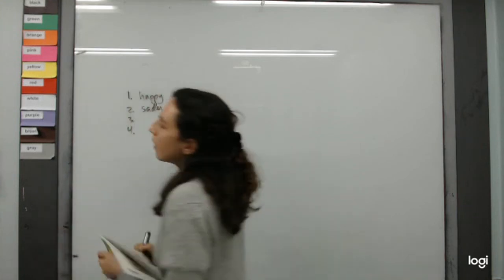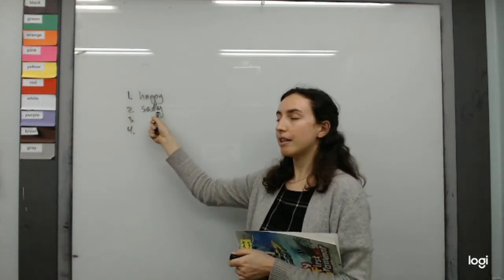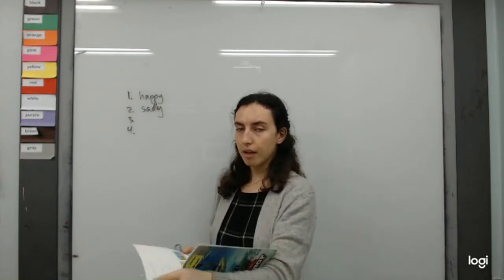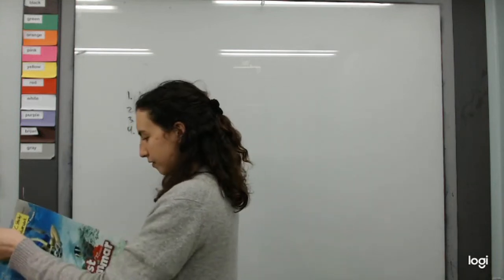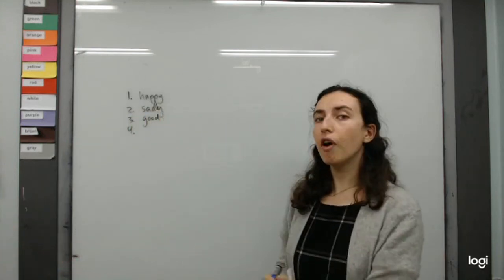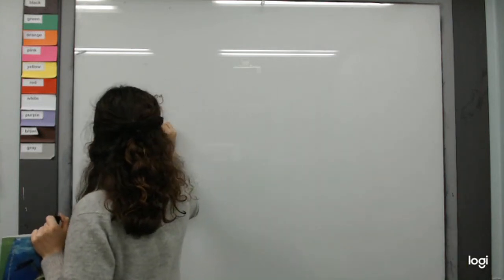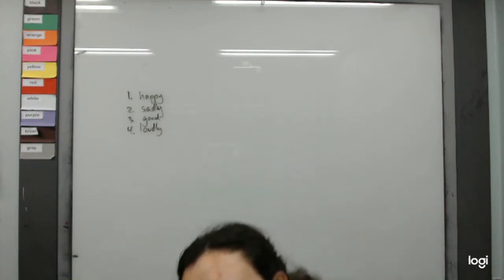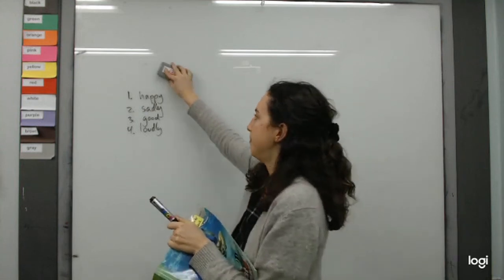Here we are talking about how the baby cried, so we use sadly with a Y, an adverb. And this is a good book. And number 4, the boys sang loudly. Check your answers, finish writing, I will erase.